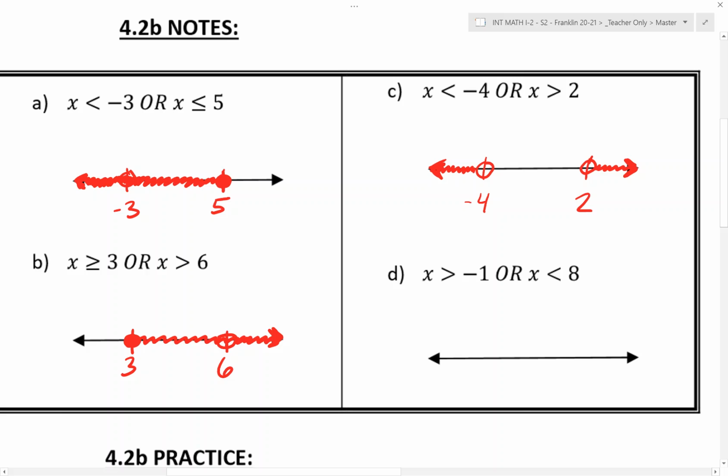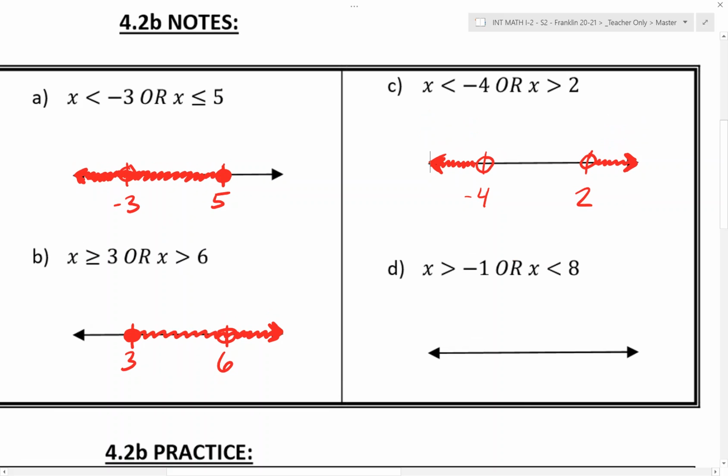You notice these don't overlap at all. If this was an AND inequality, this would be no solution. But because it's an OR, a union type inequality, it's okay. The numbers that are solutions are either the numbers less than -4 or greater than 2. All these numbers are part of the solution to this compound inequality.